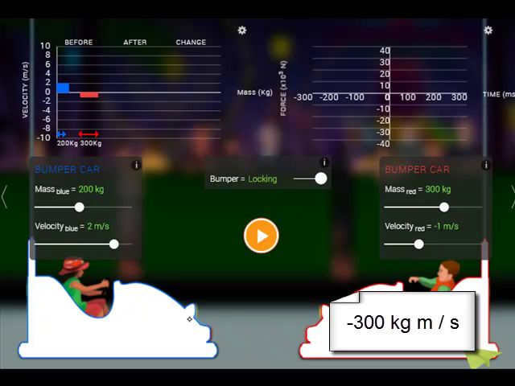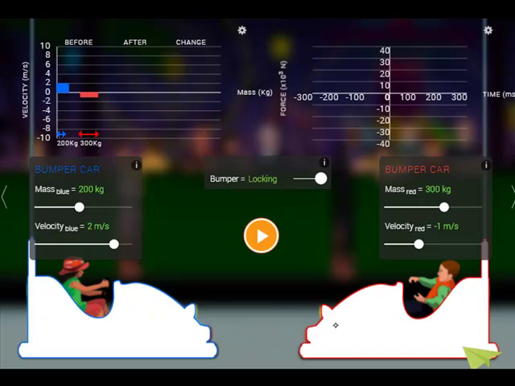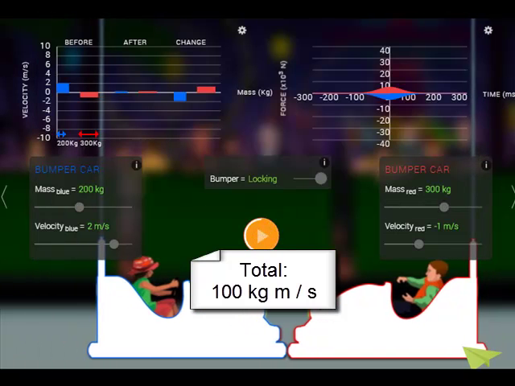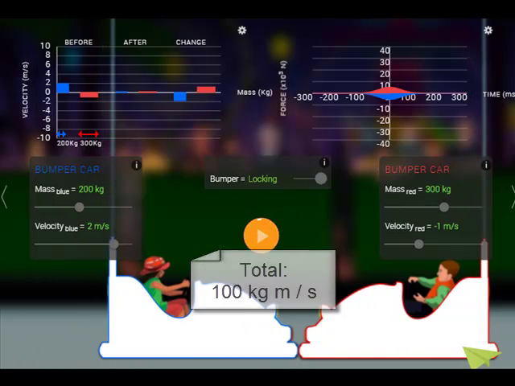When we look at total momentum for both the blue and the red, 400 kilogram meters per second plus the -300 kilogram meters per second tells us that the total momentum here is 100 kilogram meters per second. And after our collision, the total momentum will still need to be 100 kilogram meters per second.